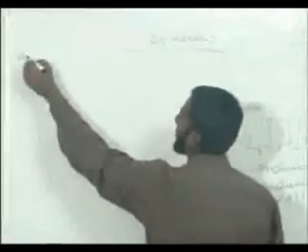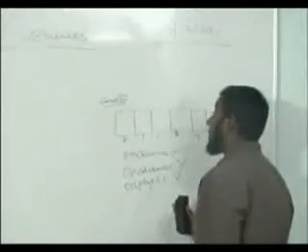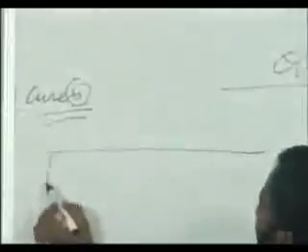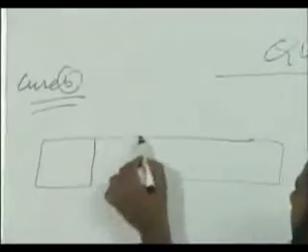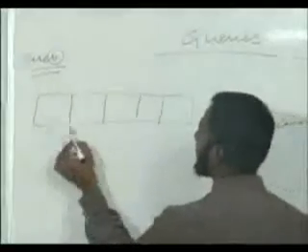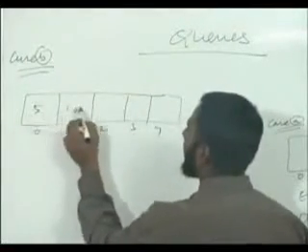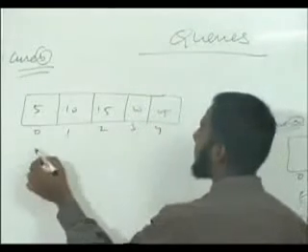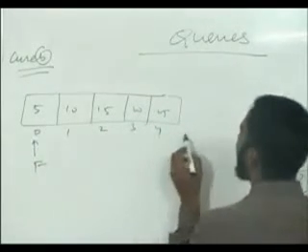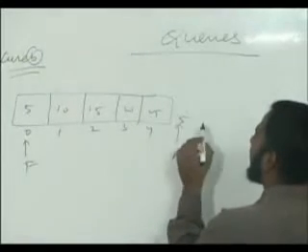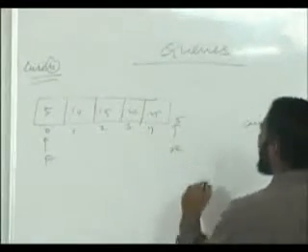Now case B. We have taken the case where Q is empty. Let's take a case where Q is full. Now I have only 5 elements. 1, 2, 3, 4, 5. Indexes 0, 1, 2, 3, 4. Then 5, 10, 15, 20, 25. So front points to here, and rear points to actually 5, because it always points to the next available element.